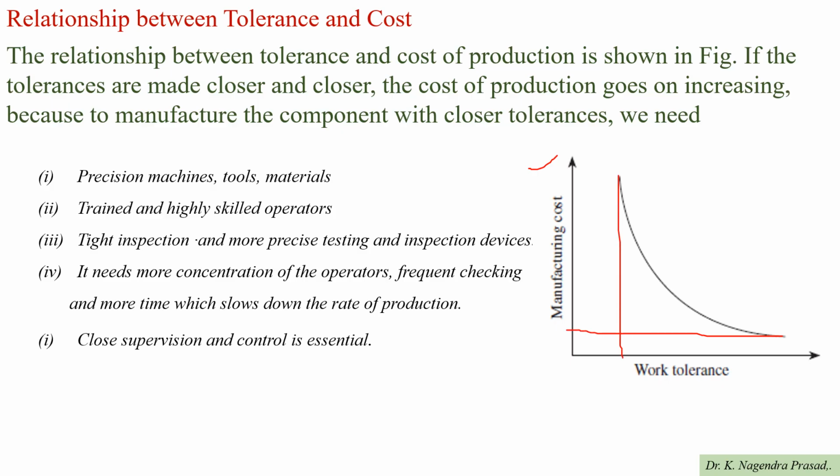If the tolerances are made closer and closer, the cost of production goes on increasing, because to manufacture a component with closer tolerances we need precision machines, tools and materials, trained and highly skilled operators, tight inspection and more precise testing and inspection devices.